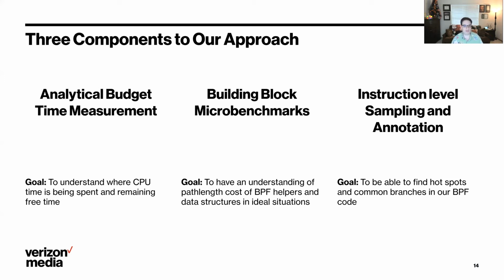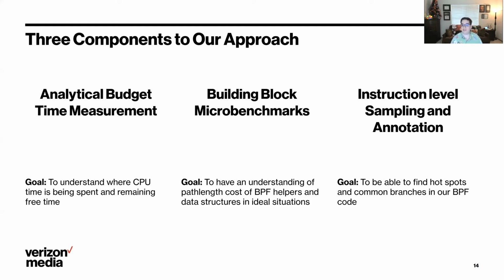So, three components to this. The first being an analytical budget time measurement, where our goal is to really understand where and how the CPU time is being spent and how much time we have to work with. Also, we want to look at the building blocks, so creating a set of microbenchmarks to understand the path length cost of various helper functions and of using the data structures that BPF provides us.